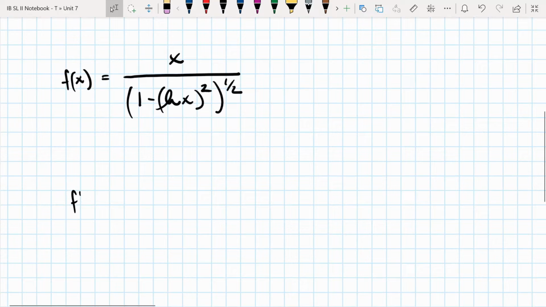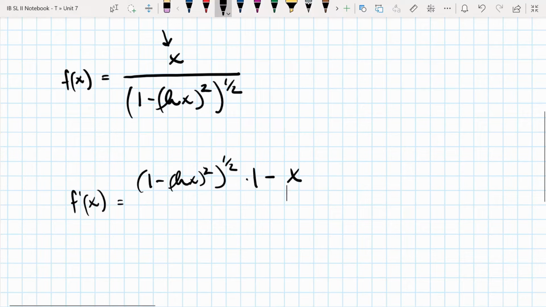So f prime is going to be the low function times the derivative of the top, which is just 1, minus x, high d low. And now let's find the derivative of the denominator, which is going to be a little bit more challenging.